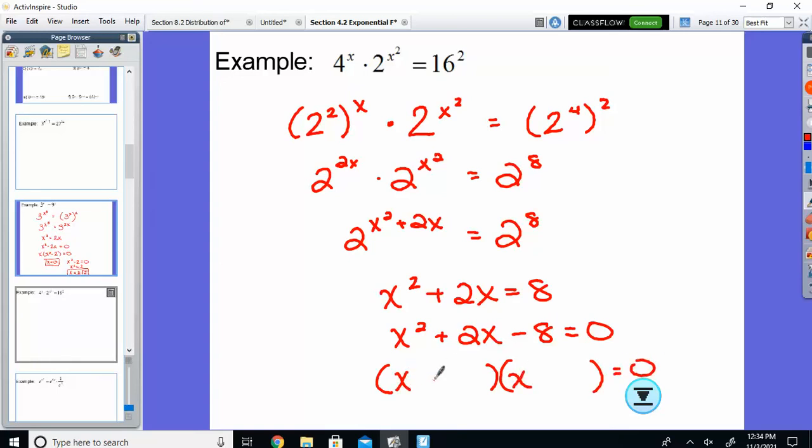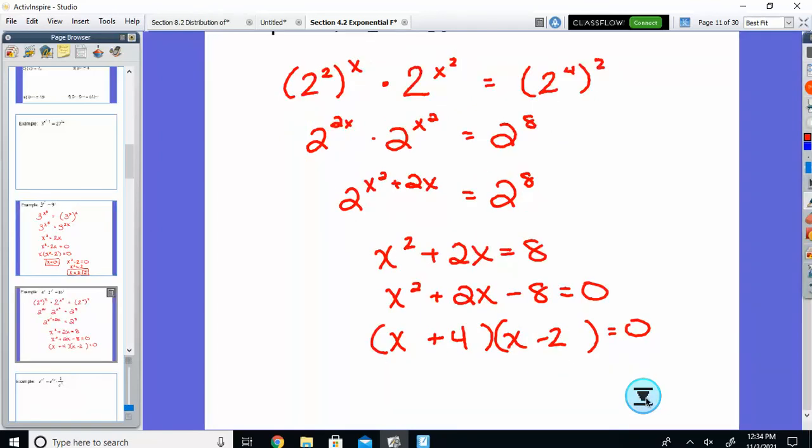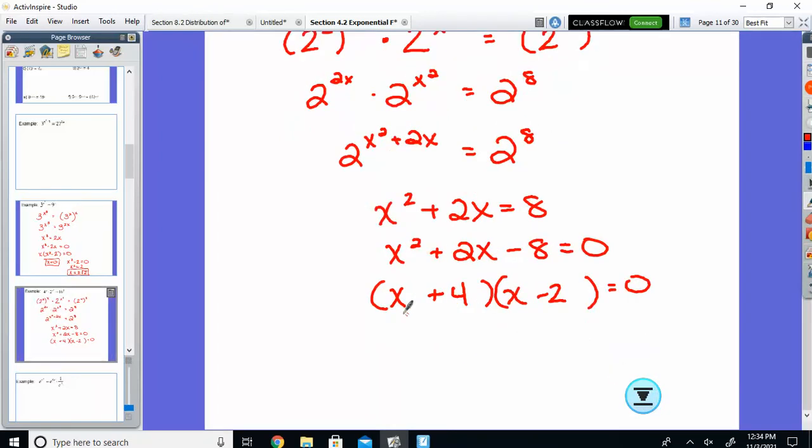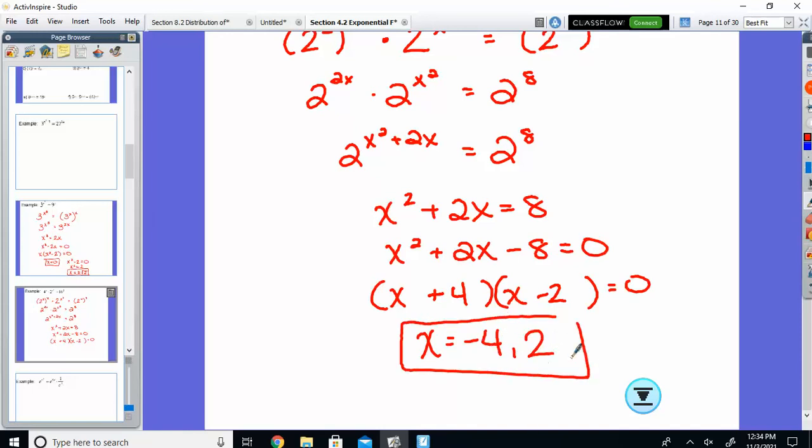Alright, so what multiplies to negative 8 and adds to positive 2? Set each of those to 0, so x is a negative 4 or a positive 2. And again, we can always check.